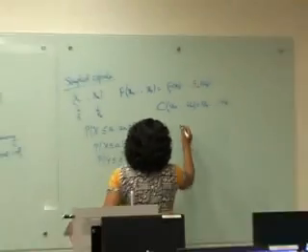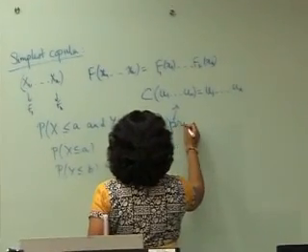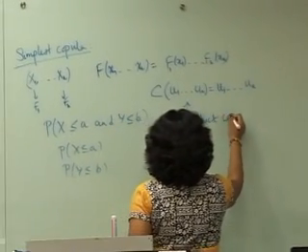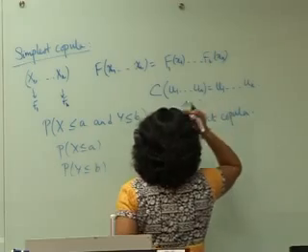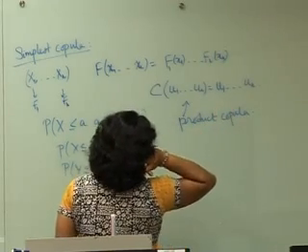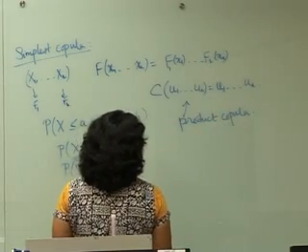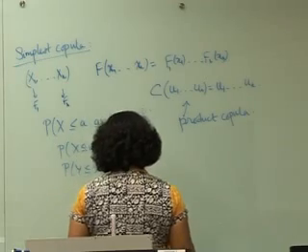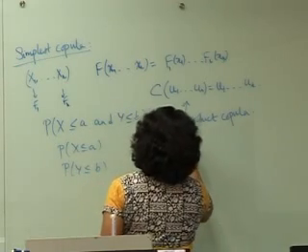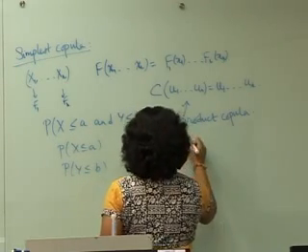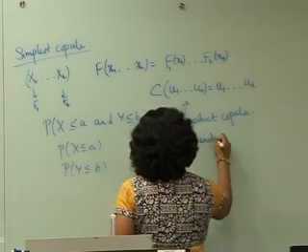So this is called the product copula. This is for independent random variables.